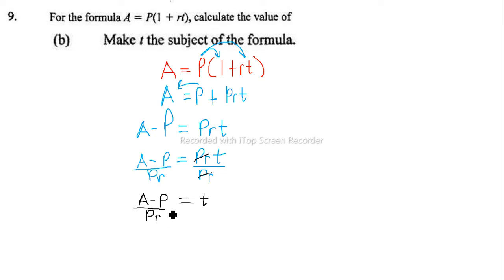Okay, so T is equal to A minus P divided by PR. If that's the case, I'm just going to switch it: T is equal to A minus P, divided by PR.